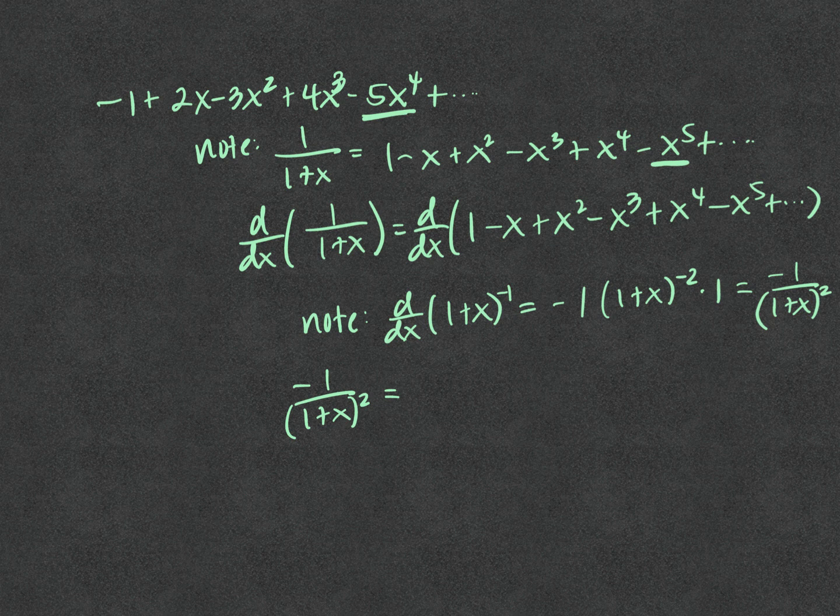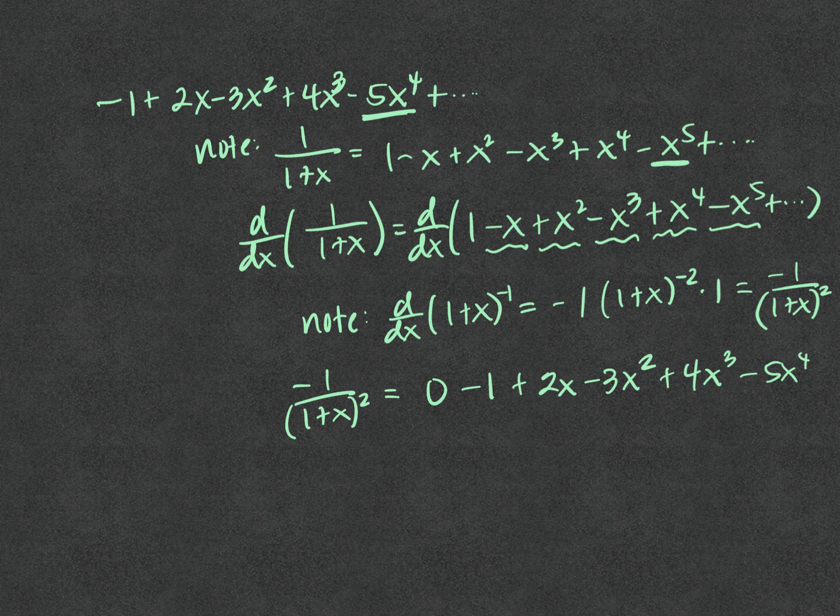And on the right-hand side, we're going to take the derivative of 1 to be 0, the derivative of negative x to be negative 1, the derivative of x squared to be plus 2x, the derivative of x to the third to be minus 3x squared, the derivative of x to the fourth to be positive 4x to the third, and the derivative of negative x to the fifth to be minus 5x to the fourth.